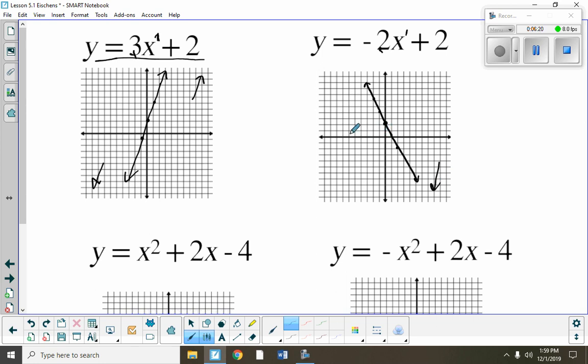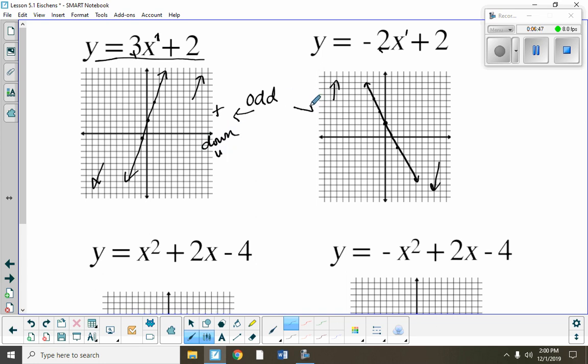As our x's decrease, the y's increase. Now, what I want you to notice is here you have an odd number for an exponent. So when the exponent is odd, here we have a positive. And so we have the pattern down on the left, up. So this is a down, up.